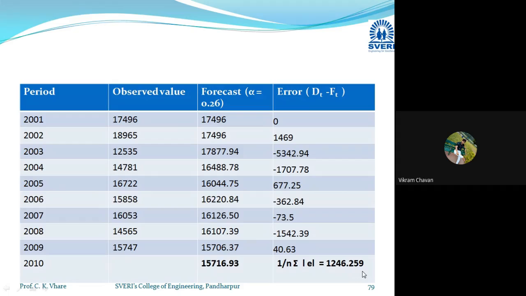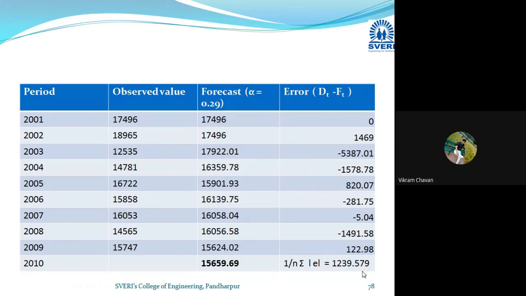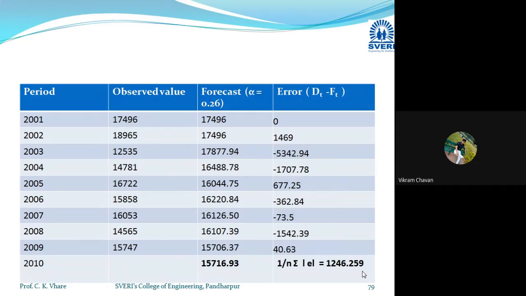After comparing these two values, which forecast is better? The forecast with the lesser error value will be considered the better forecast. So which one is better, 0.26 or 0.29? 1239, 1246.